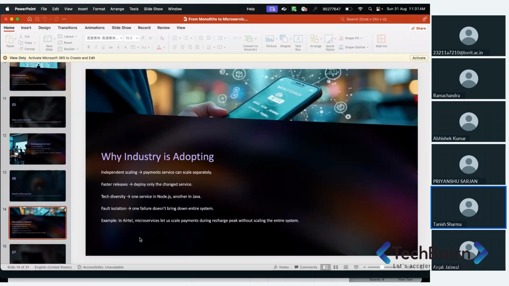Airtel gives more infra, or enhances its infra, for that particular service only, so that if a huge number of requests are coming into my system, my payment service is capable enough of catering to those requests.